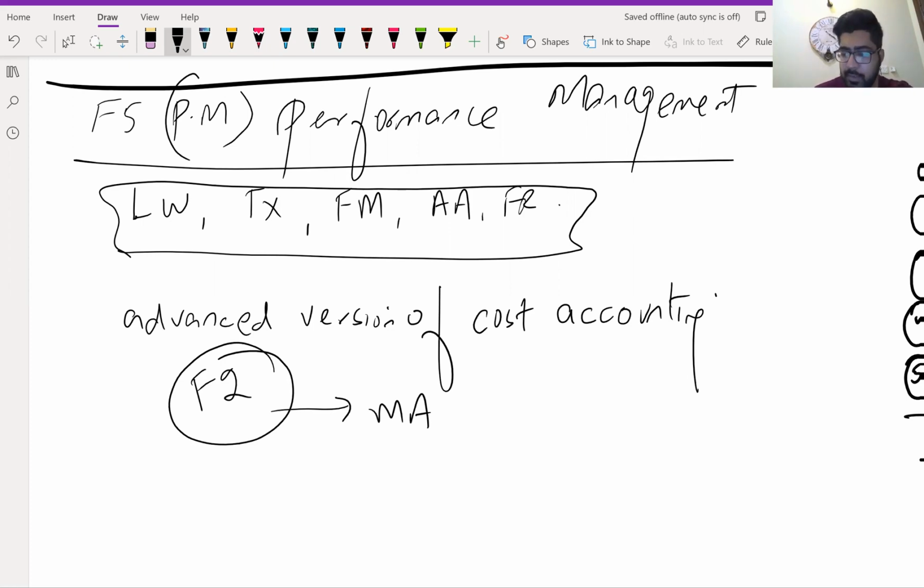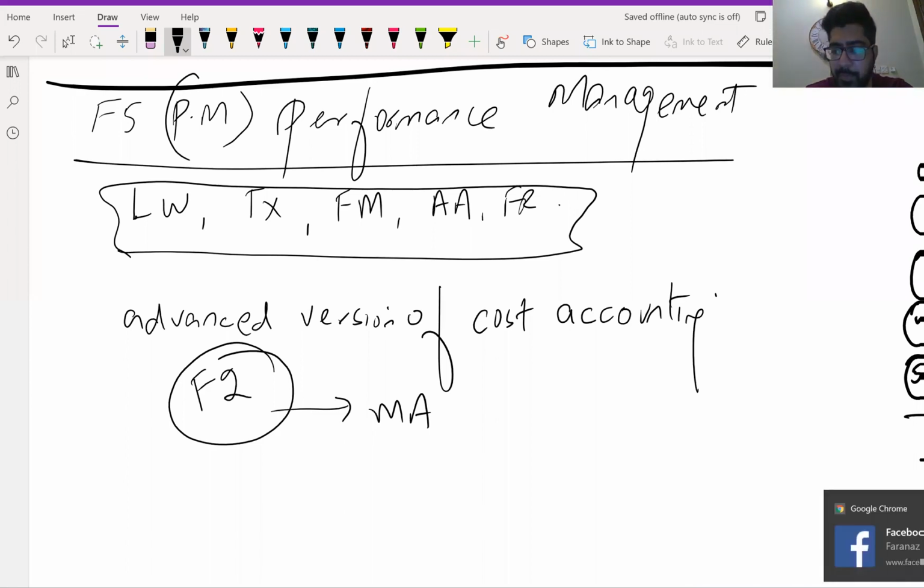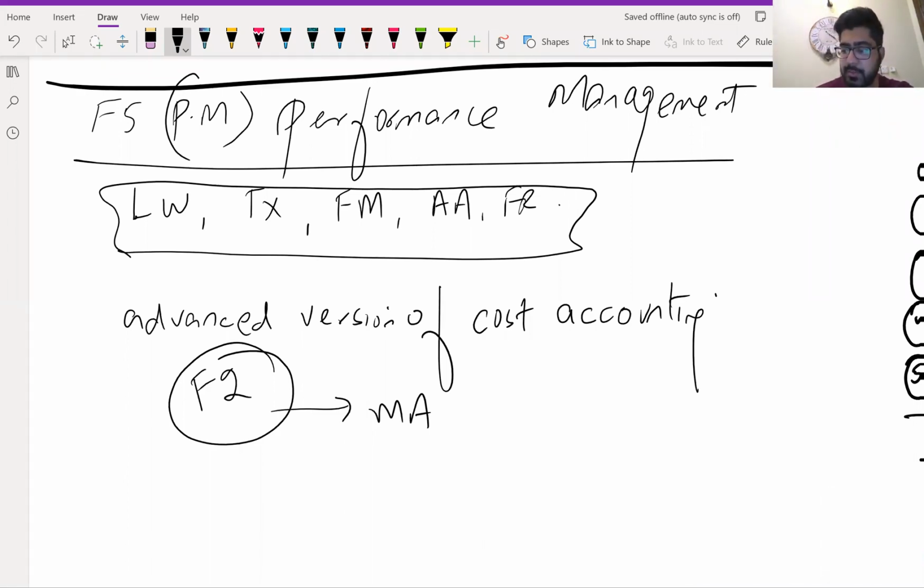Obviously the management accounting knowledge is given in previous papers of the ACCA qualification, or if you came through an exemption route, it's given through that particular portion. Basically, this paper is considered the advanced version of the cost accounting covered in previous papers of ACCA or in your earlier studies.